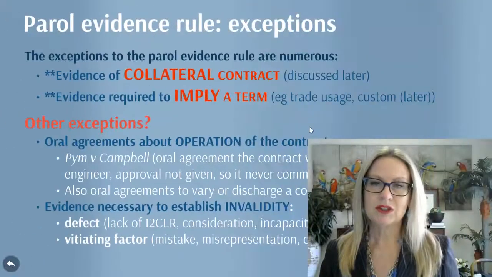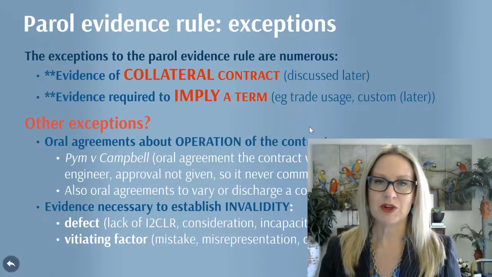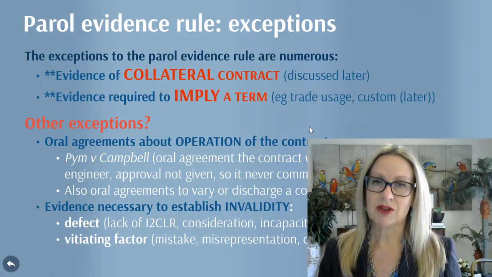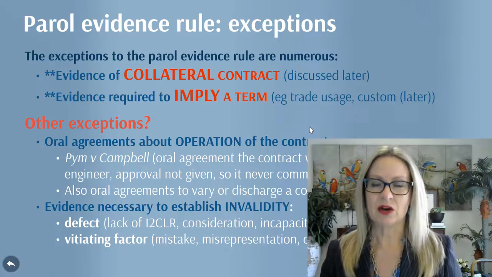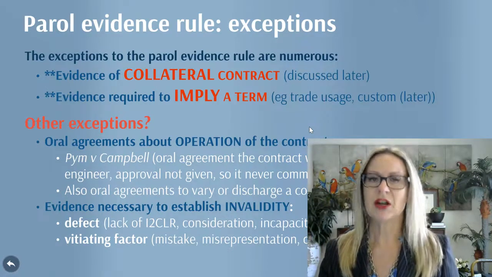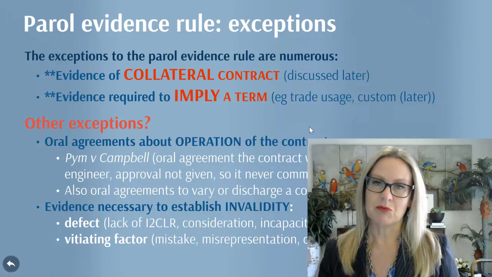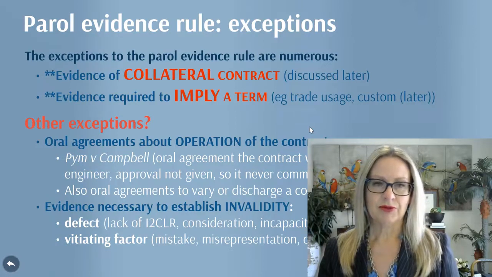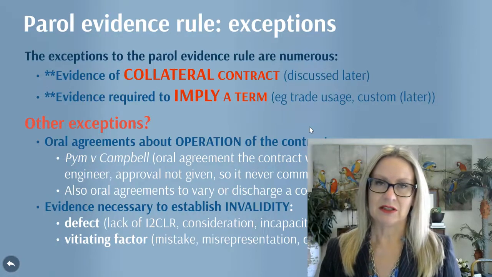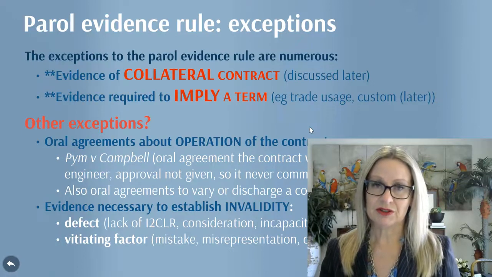Okay. So once the court has addressed that preliminary question, okay, they've arrived at the conclusion, yes, this is a wholly written contract between the parties. What are the exceptions that might be applied? First two we're going to be discussing in a little bit more detail in this series of videos.